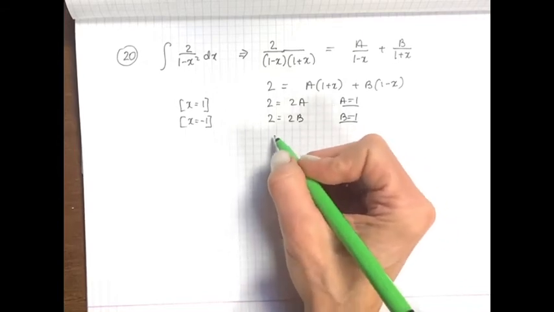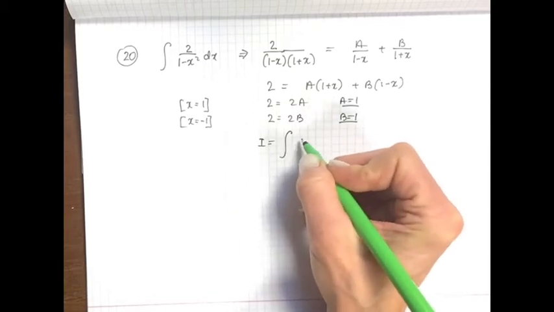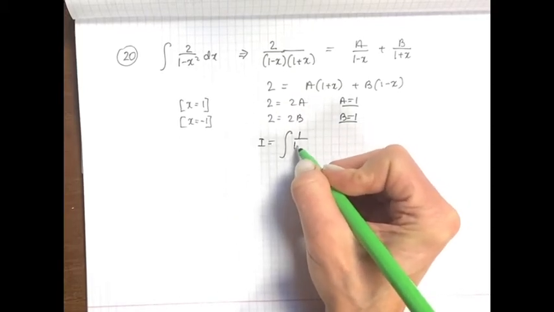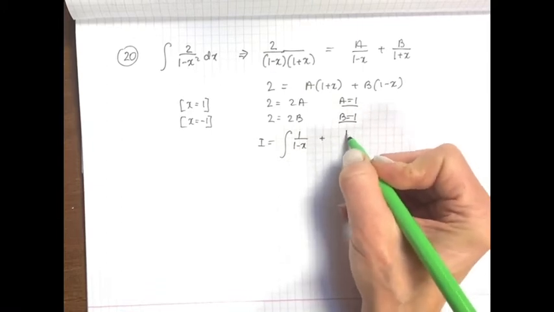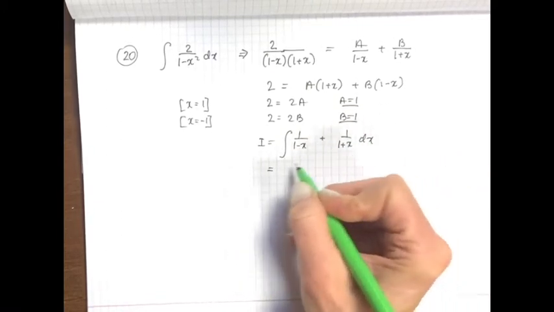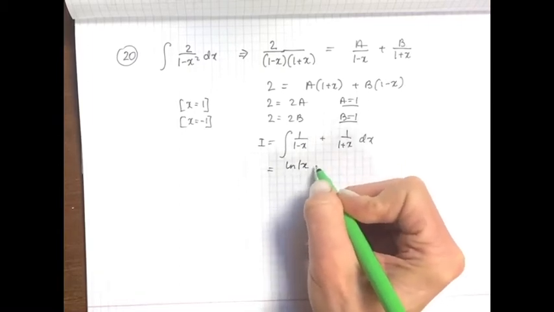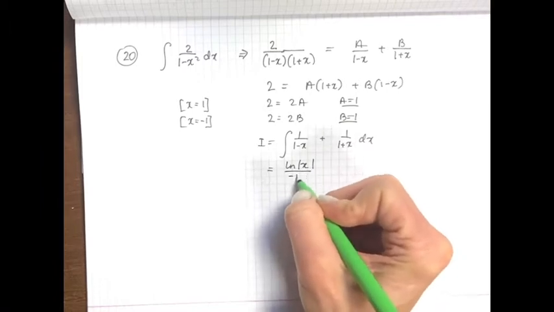Yeah, that works fine. So we've got the integral is going to be the integral of 1 over 1 minus x plus 1 over 1 plus x dx. So they're both ln's. This one is going to be ln x over minus 1.